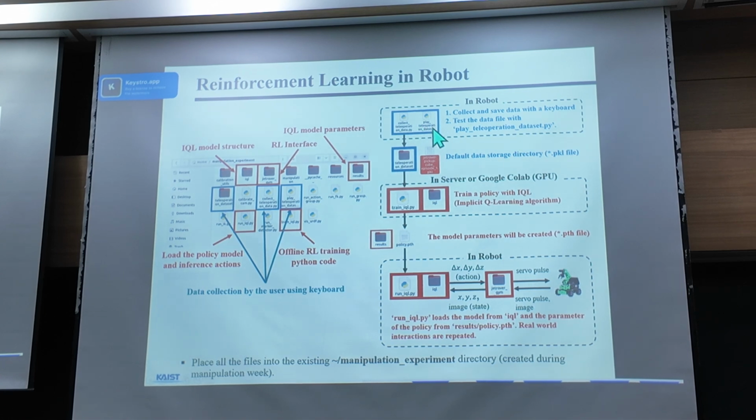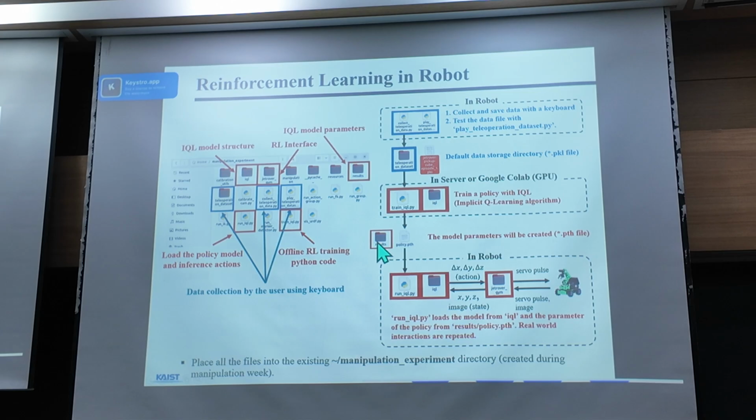You also want to save that, and put all that data into this storage space, this file, which is in the robot. And then you take this into a server, your PC, or Google Colab, and you would train it using an algorithm called implicit Q learning, which is an RL algorithm, okay?